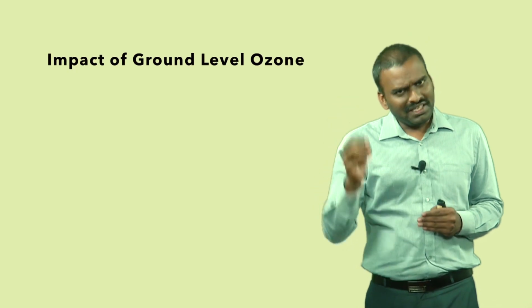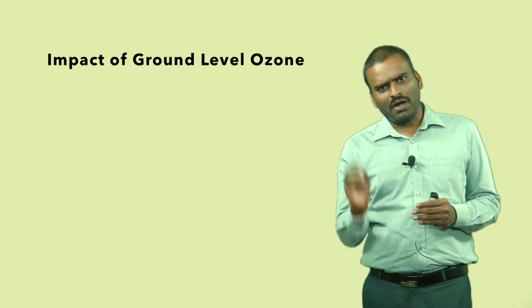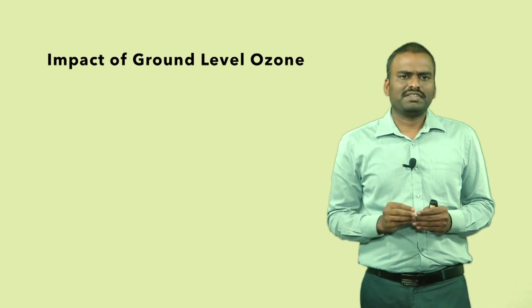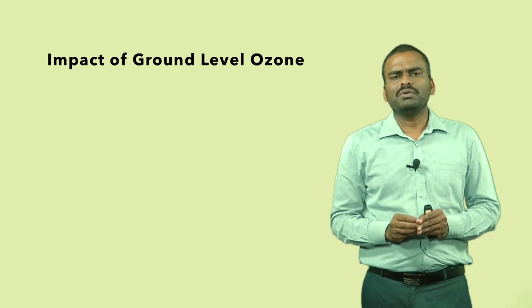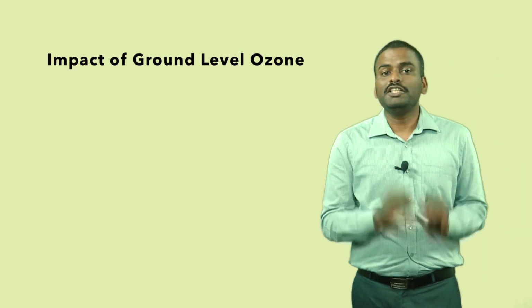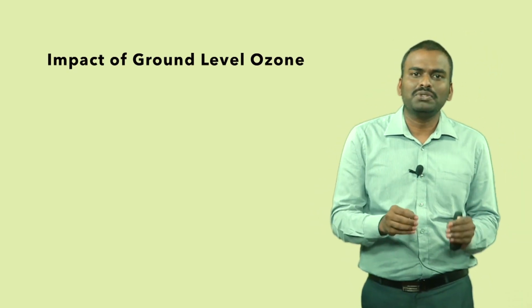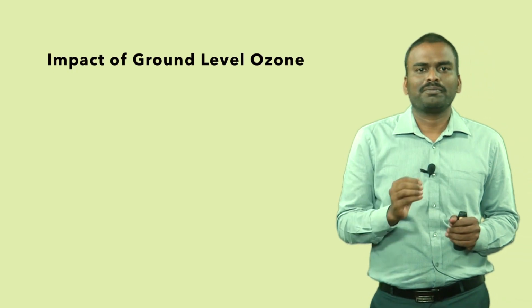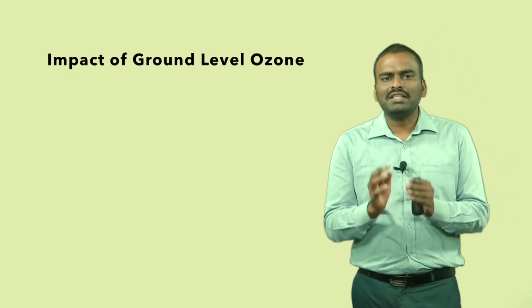But what is the problem if the same ozone is found at the earth's surface? Ground level ozone causes many problems to human beings, because this ozone is considered a bad ozone, as I stated earlier, and this bad ozone causes many problems.